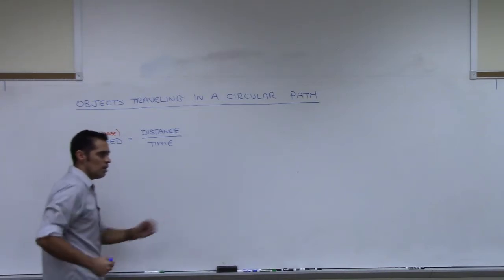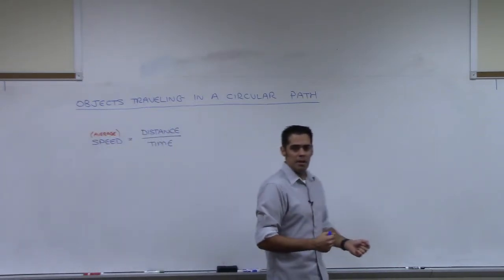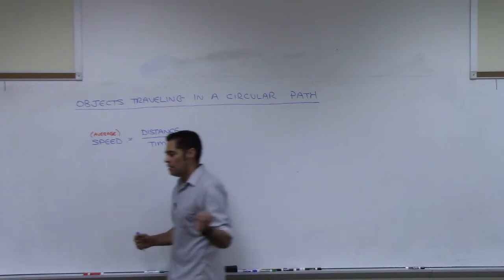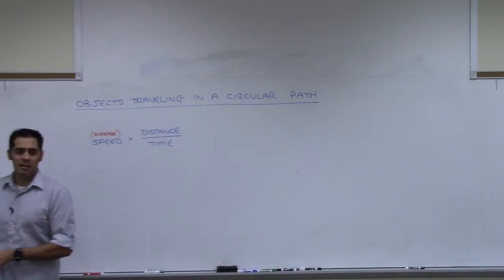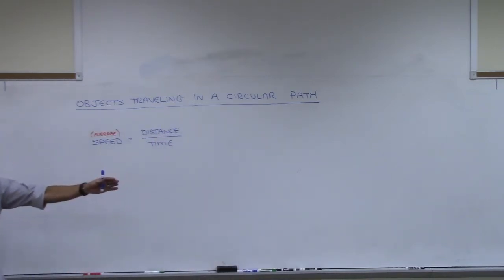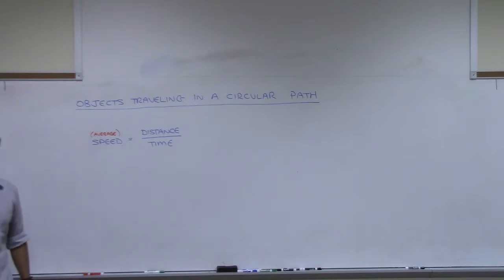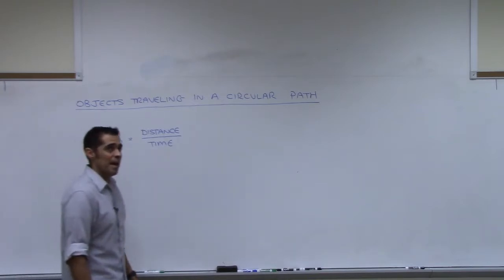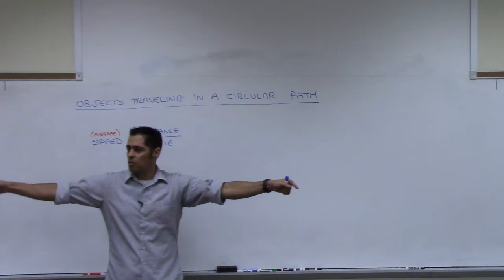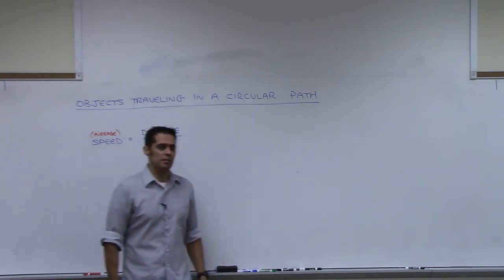So if I run across this room and it takes me 3 seconds and I travel 30 feet, what was my average speed? 30 feet across the room took me 3 seconds.